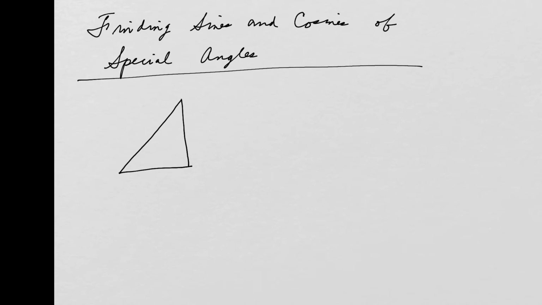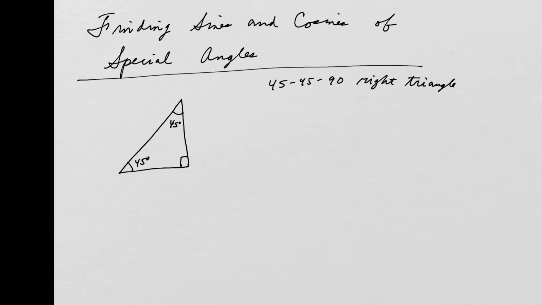Okay, so this is a 45, 45, 90 right triangle. In other words, this is a 90-degree angle, and these two angles are 45. So notice that it's an isosceles right triangle.